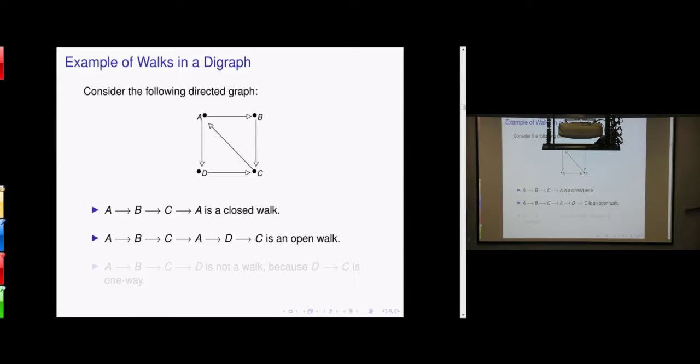Now this A, B, C, A, D, C is an open walk because you start from A and you end up at C. Now this is bad: A, B, C, D. This is not even a walk, because it's illegal. You cannot travel from C to D like this. You can only travel from D to C. You cannot travel back. So this is fairly simple.